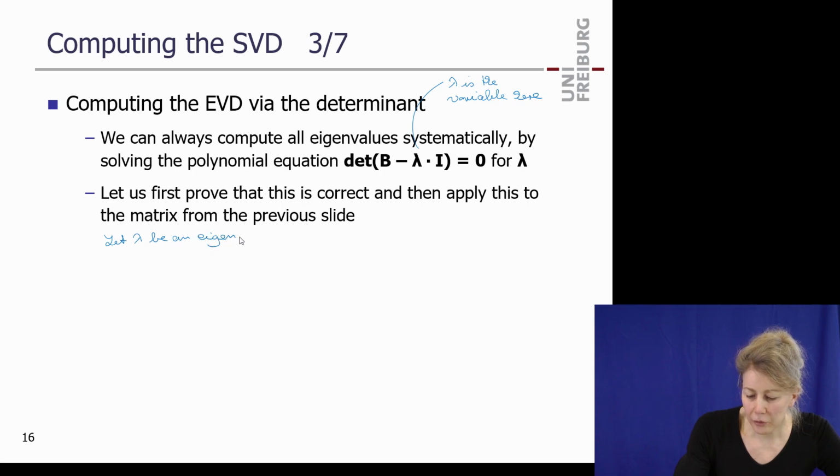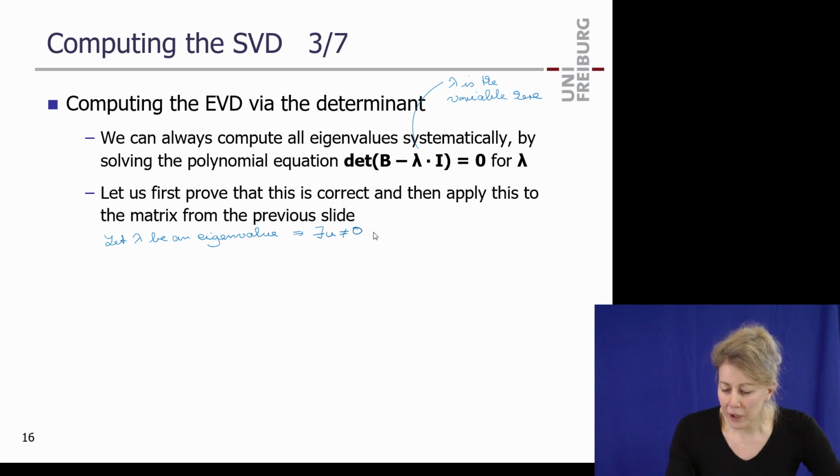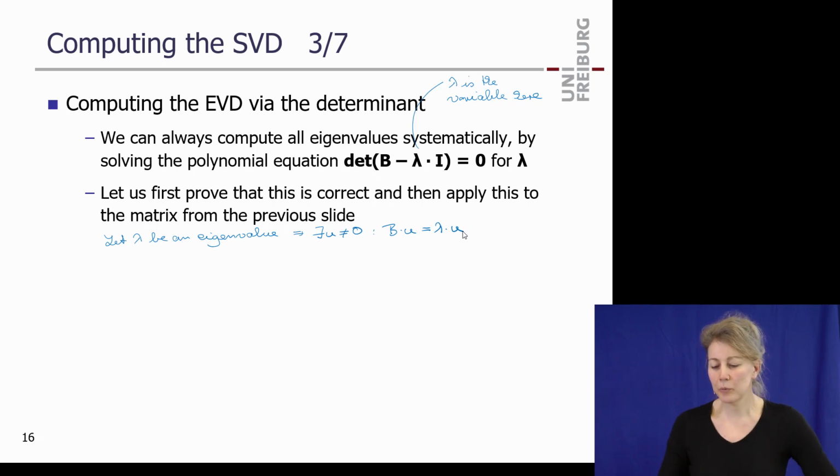That's actually easy to see: each eigenvalue is a zero of this function. Then we have some vector u, which is not 0, such that B times u is, by the definition of an eigenvalue, a multiple of u, and the factor is lambda.